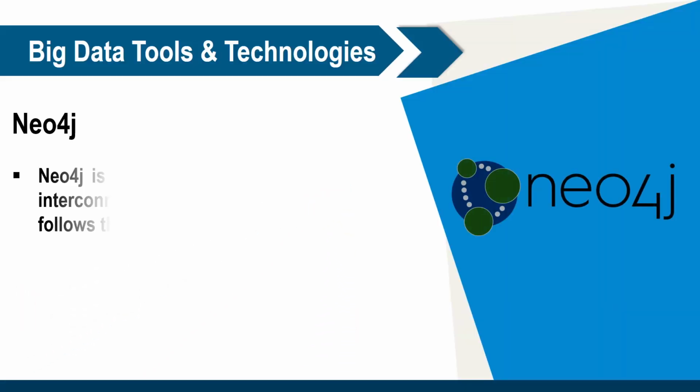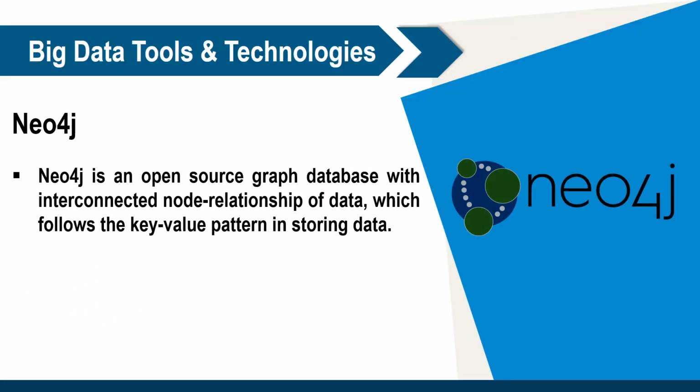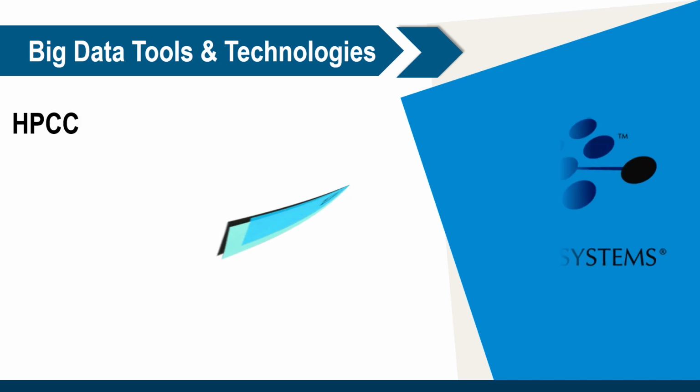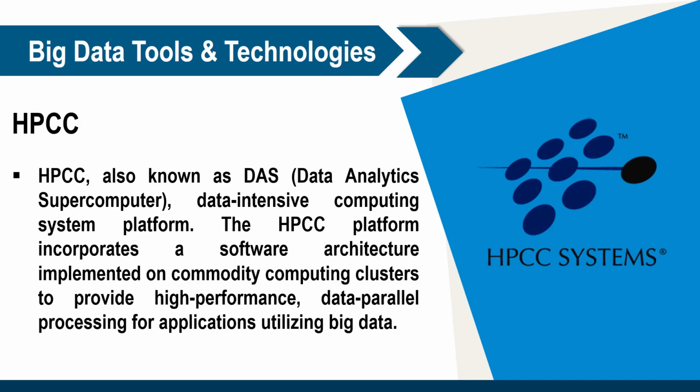Neo4j is an open source graph database with interconnected node relationships of data, which follows the key value pattern in storing data. The last one is HPCC, also known as DAS, Data Analytics Supercomputer, a data intensive computing system platform. The HPCC platform incorporates a software architecture implemented on commodity computing clusters to provide high performance and data parallel processing for applications utilizing big data.